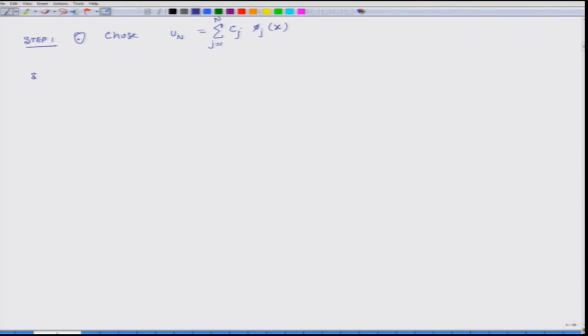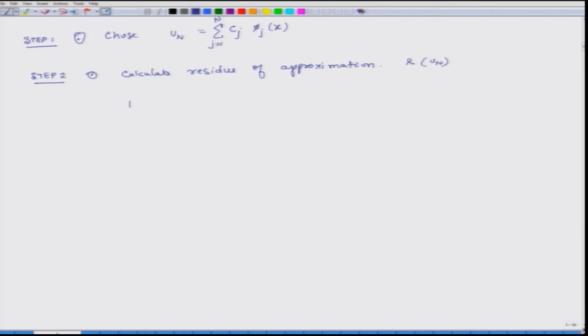Second step involves that we calculate the residue of approximation. So, our residue I write as r, and it is a function of this u_n, which is an n term solution for the dependent variable u.